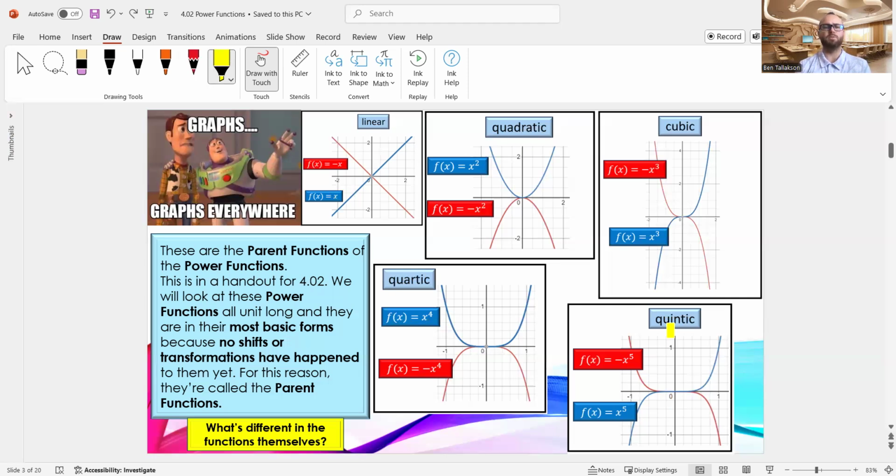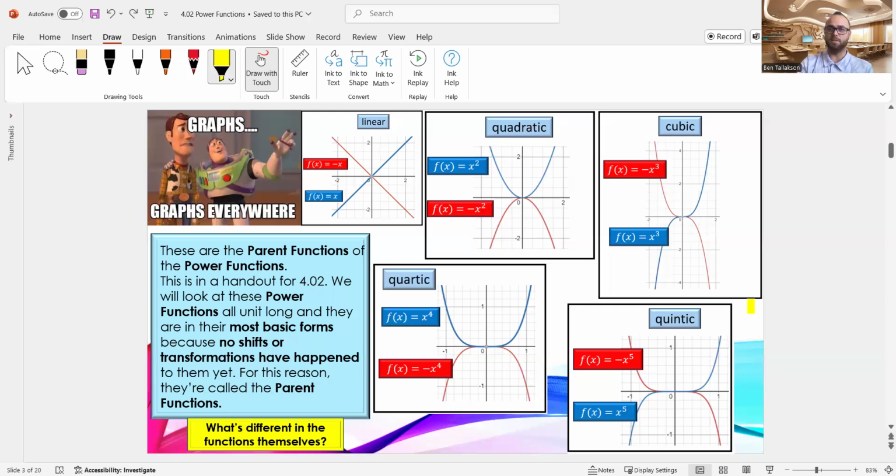But throughout this unit, we will see all types of changes, things being stretched, compressed, shifted, they're going to move around. So lots of different things will happen to these lines. So it's super important you know what the parent functions look like. Because, for example, if you were tracking your fitness and you didn't write anything down, take any pictures, weigh yourself, anything for 3 months, and then all of a sudden you start doing those things, will you have anything to compare yourself to and kind of track your progress?